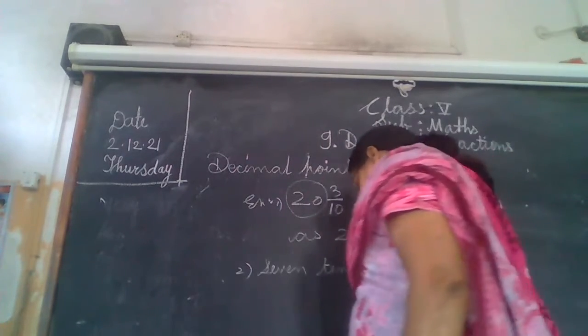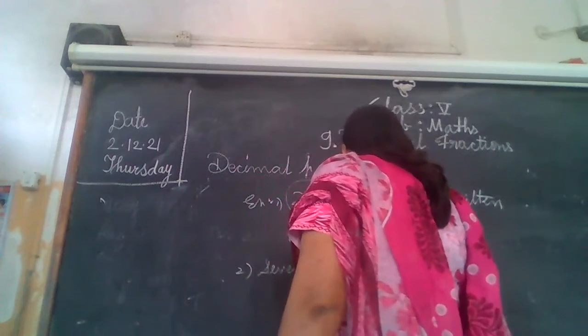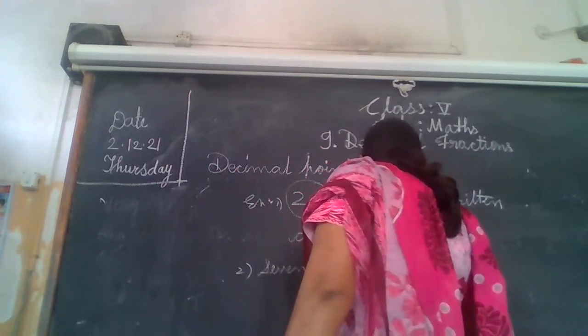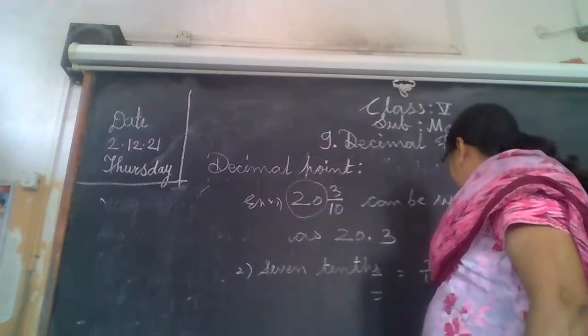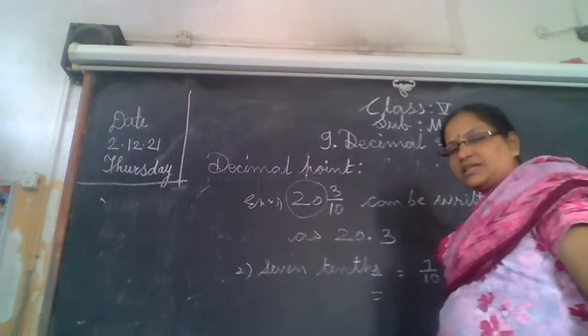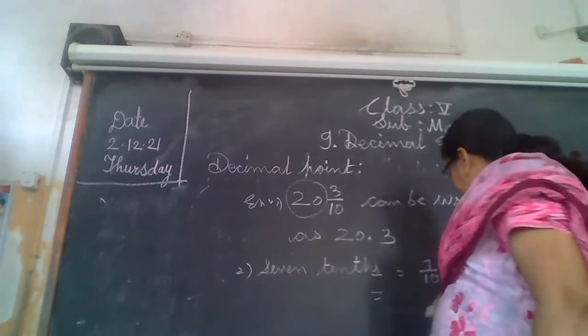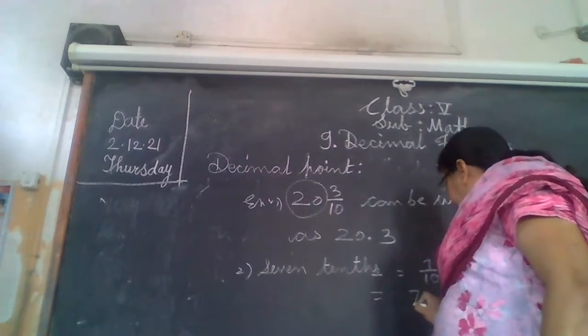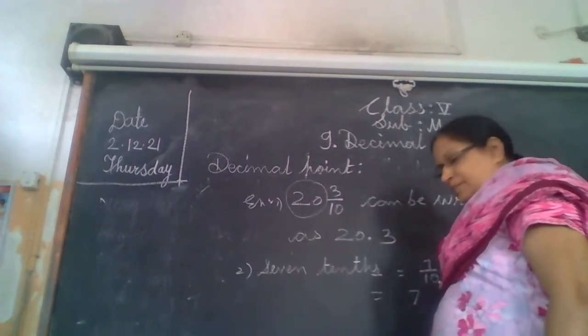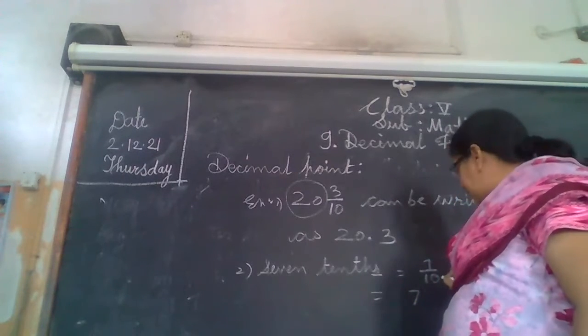Or you can say, if you divide 7 by 10, as you already learned in division, write down the numerator as it is, count the number of zeros in the denominator, it has 1.